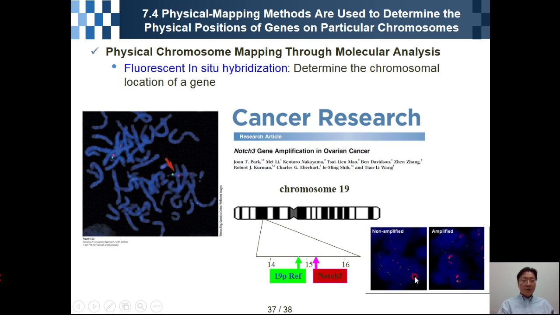This is one example of my research, but fluorescence in situ hybridization determines the chromosomal location of a gene. For example, we tag the reference region of the chromosome with green, and we tag our gene of interest with a different color. So this is another method of physical chromosomal mapping. Nowadays, people usually use fluorescent in situ hybridization, like this.